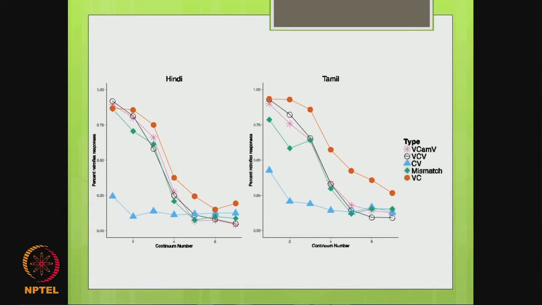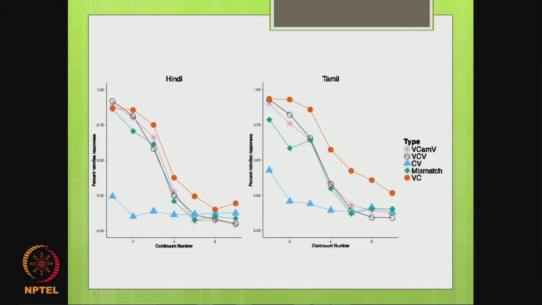So on the y-axis, we're seeing how likely people are to respond retroflex, and on the x-axis, you're seeing the continuum number. The far left, so the one side of the continuum, is supposed to be the retroflex side, so it's unsurprising that for most of these continua, people are almost at 100% identifying that end of the continuum as retroflex. The other end is supposed to be the dental end, so we're getting very few dental responses.